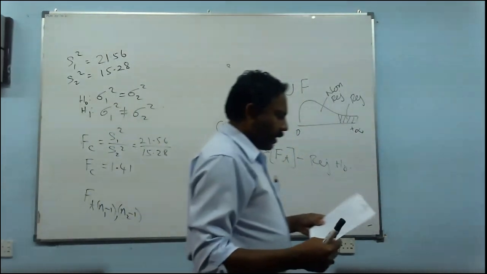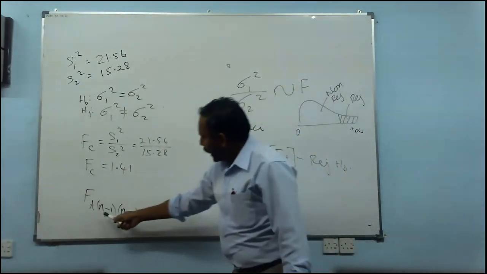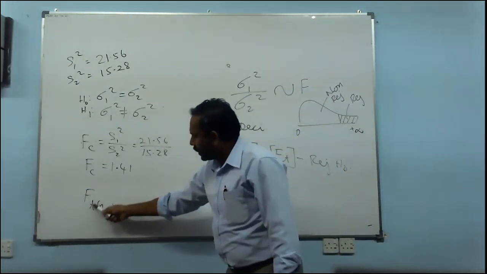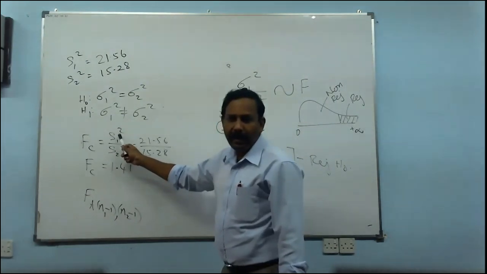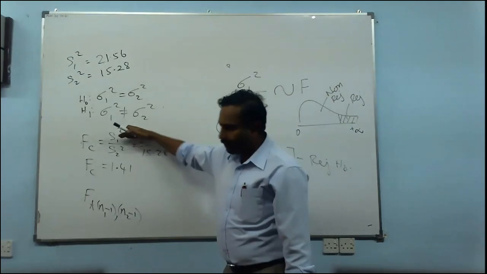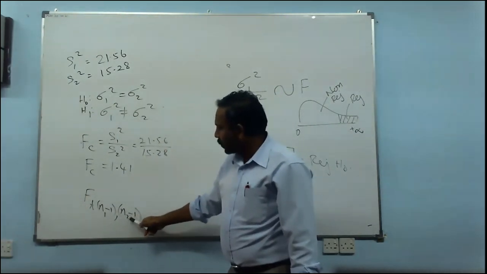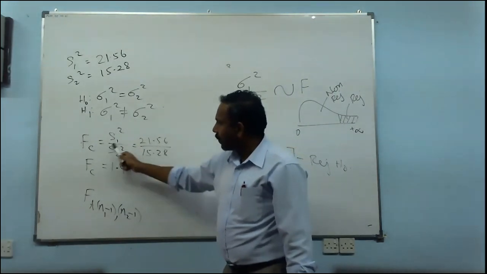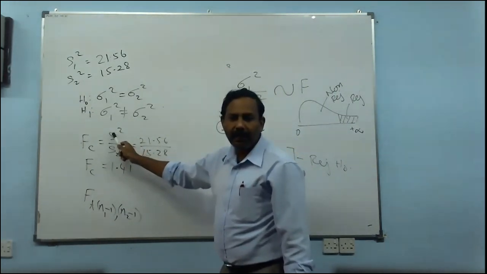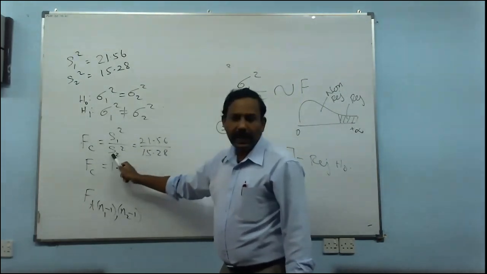Right. Now, what is the numerator's degrees of freedom? N1 minus 1 is the numerator degrees of freedom of the first sample. N2 minus 1 is the denominator degrees of freedom of the second sample.